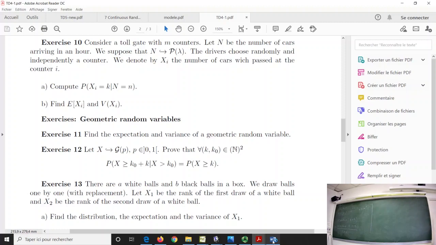Okay? So here, for the moment, I use nothing instead of the definition of the conditional probability.